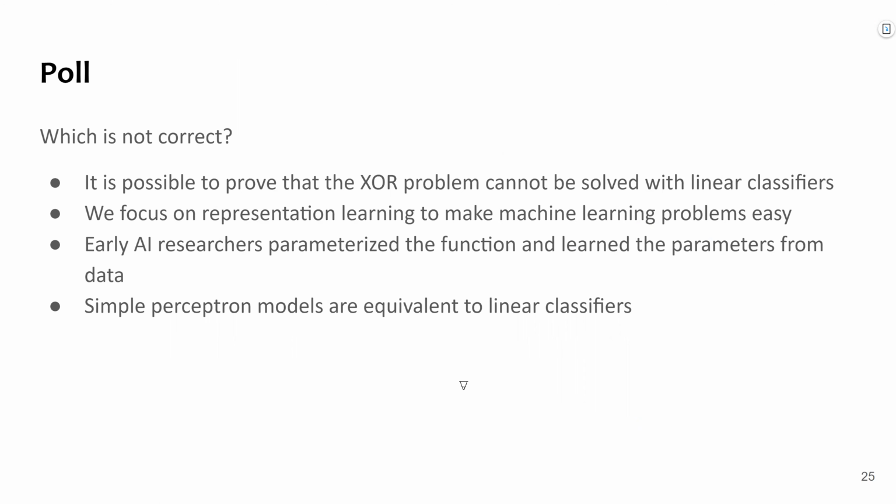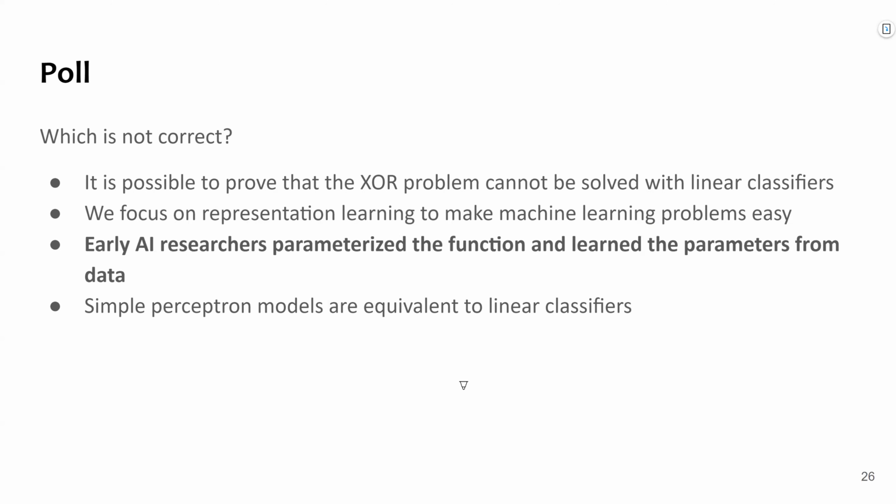Okay, let's solve this problem together. The answer is 3. For the first option, I told you that we could use the concept of convexity to prove that the XOR problem cannot be solved with linear classifiers.